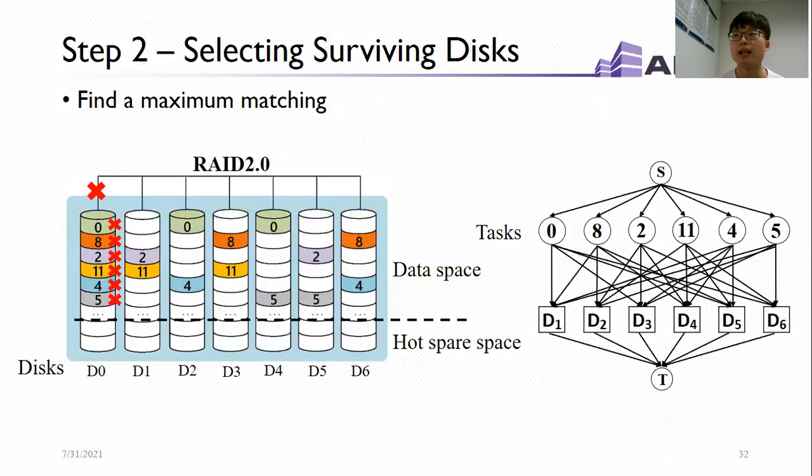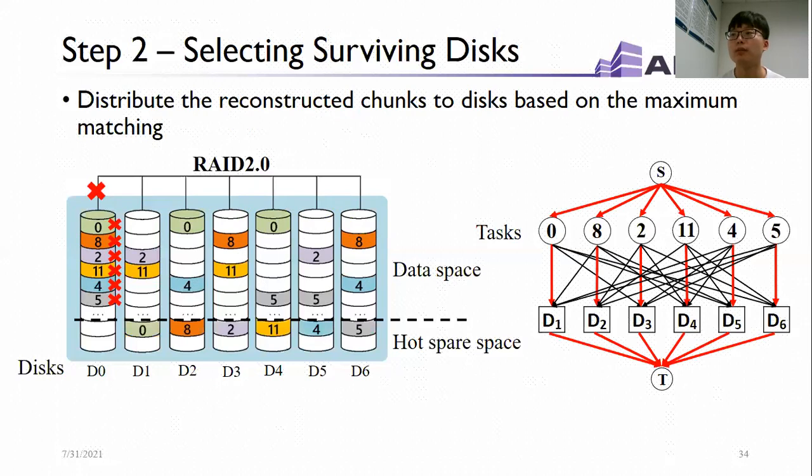After the bipartite graph is constructed, we find a maximum matching by calculating the max flow in the constructed flow graph. Corresponding to the maximum matching, we write each reconstructed chunk to a dedicated disk to reach write load balance.